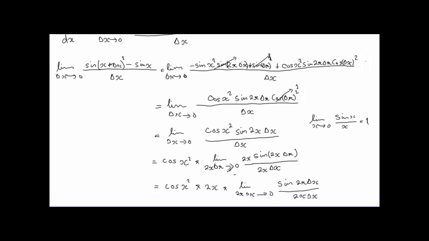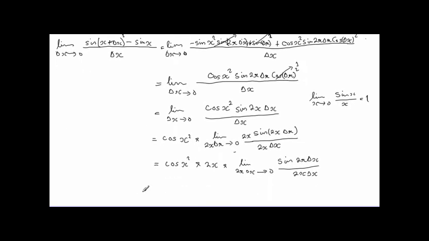So in concluding this, we're going to write the derivative of sine x squared with respect to x will be equal to cosine x squared multiplied by 2x multiplied by 1.